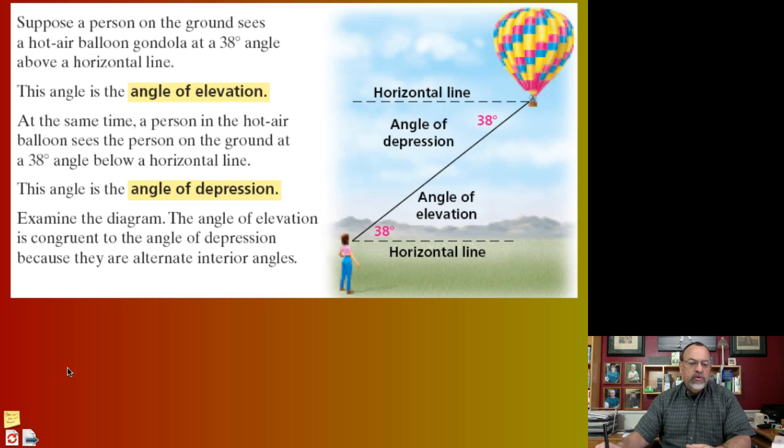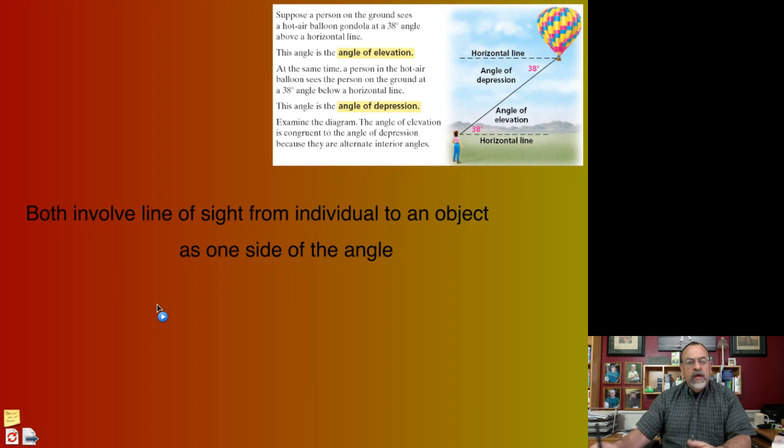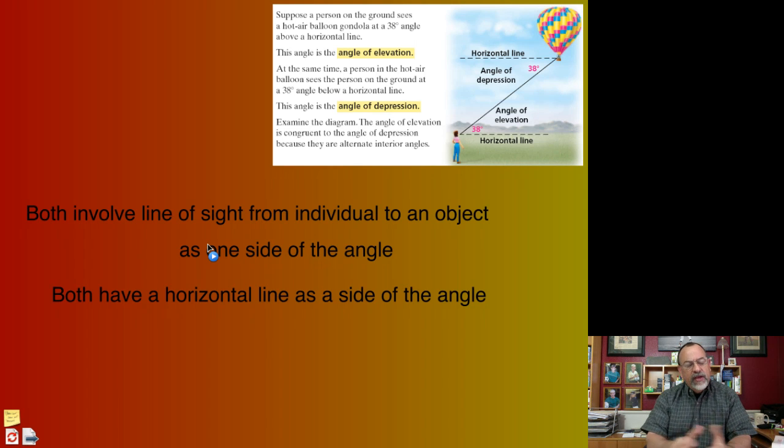Okay? So to summarize what we've talked about so far, when you're talking about angles of elevation and angles of depression, they're both involving the line of sight from an individual to an object. And that line of sight is one side of an angle. Both the angle of elevation and angle of depression involve a horizontal side as a side of the angle.